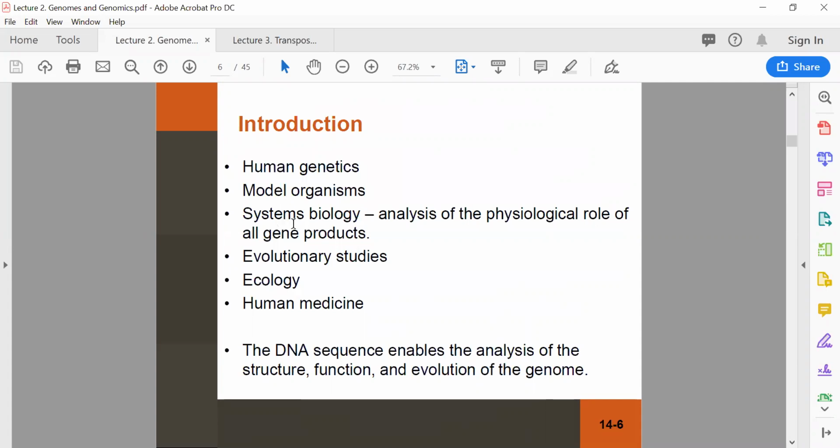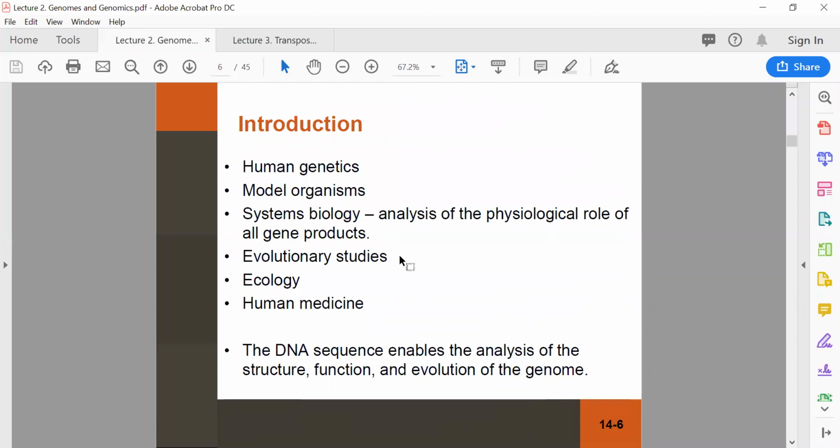The next point here, systems biology. This is a relatively new field that developed, and systems biology really enables the use of new technologies for analysing the physiological roles of all gene products.